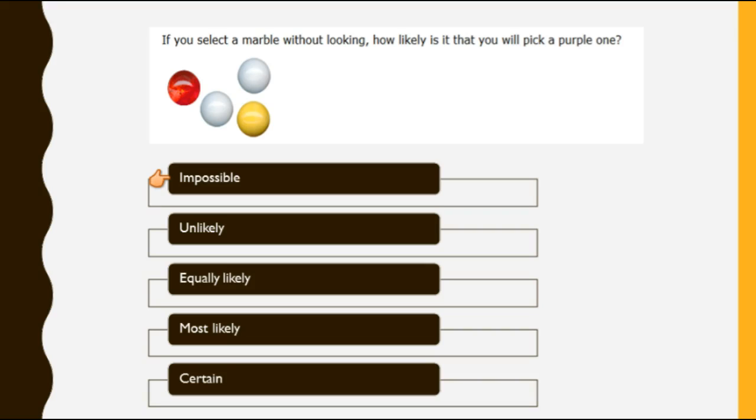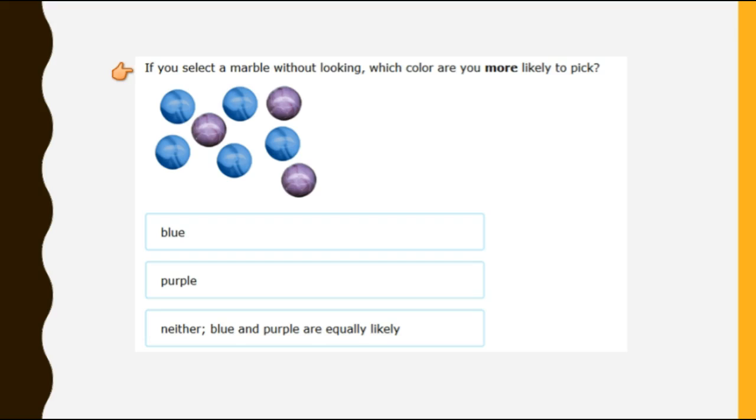Okay, so if I were to say, how likely is it that I would pick a red marble? Well, there's 1 out of 4. So that means it's unlikely, but it's not impossible because there is 1. It's just unlikely that you would choose that one.